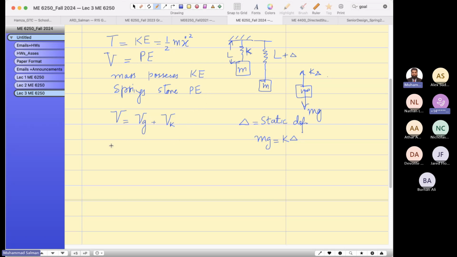The energy stored in the spring is represented by the formula half k x square, and the gravitational potential is due to gravity, mgh. In this case, if it is x deflection, it is mgx.